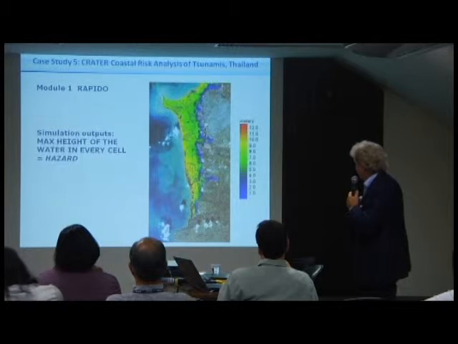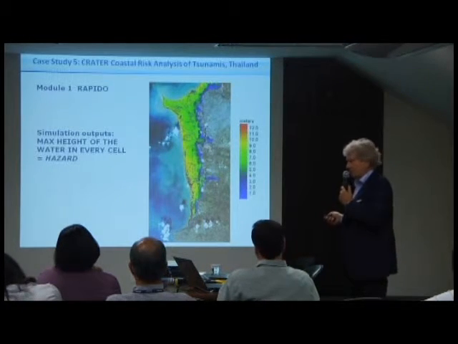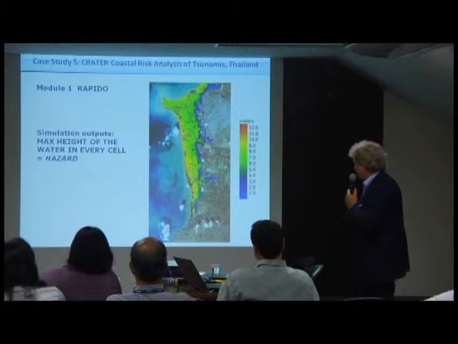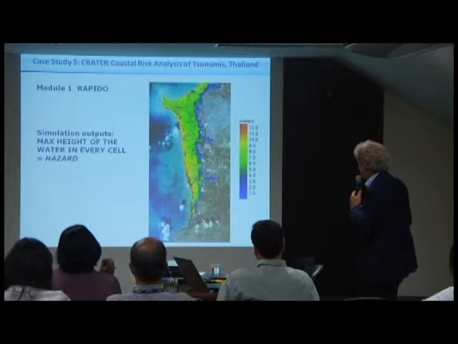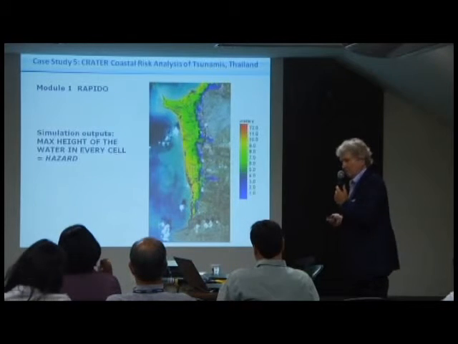In this case, for the Phuket, because the study has been done in the island of Phuket in Thailand, we can assess for each tsunami events the height of the waves and the area which are more or less affected. For instance, in the blue area we have 1 meter of water, but in the green area we have waves which can reach 7 or 8 meters.